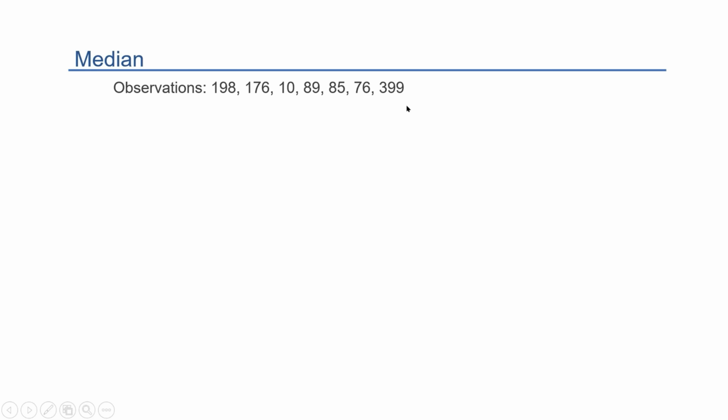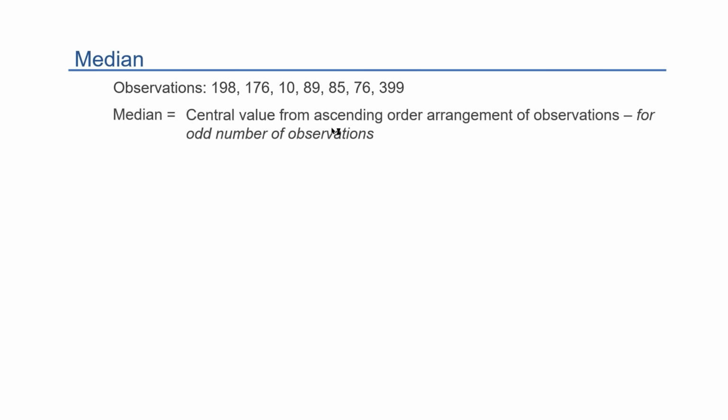In the case of mean we have this 399, a very big value compared to all the other values, and 10, a very small value compared to the others. So these 10 and 399 can be considered outliers for this collection of data, and they tend to skew the mean. But in the case of median, we don't perform any calculation.